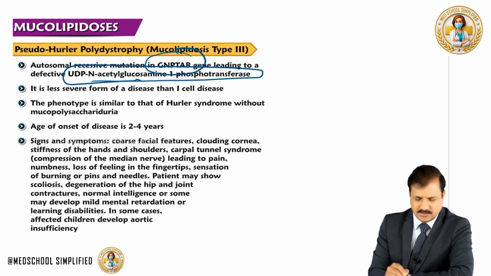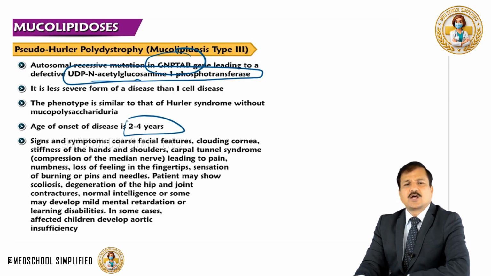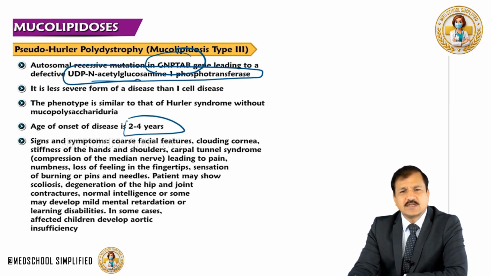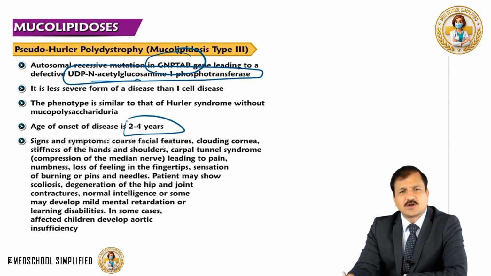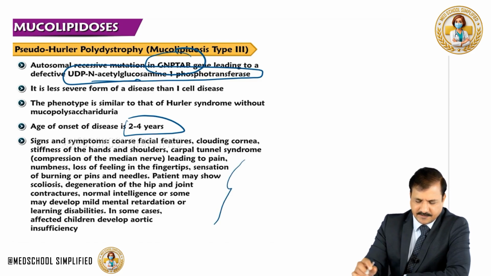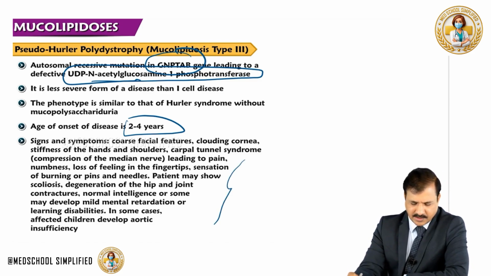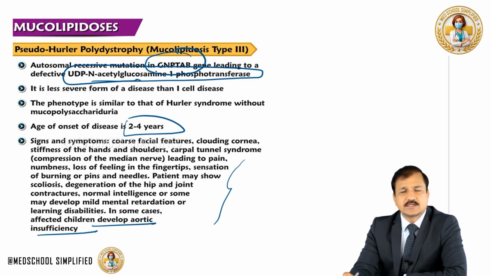Age of onset is 2 to 4 years. Signs and symptoms are almost similar to what we have seen in I-cell disease, including coarse facial features, clouding of cornea, stiffness of the hand and shoulder, carpal tunnel syndrome. So many signs and symptoms that we have seen in I-cell disease can also be seen here. And some cases of pseudo-Hurler polydystrophy will show aortic insufficiency.